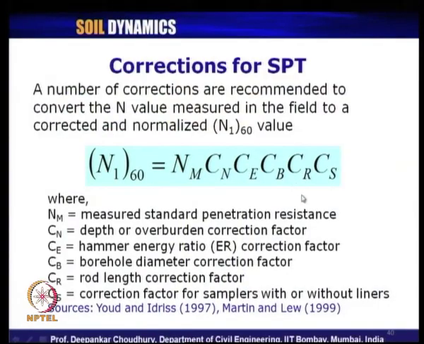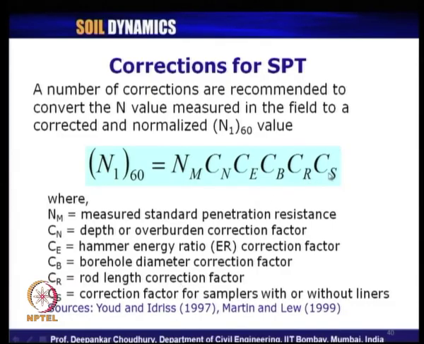If you have a long rod through which you are hammering the sampler, it will penetrate that last 30 centimeters much faster, so the number of blows counted will be less than what it should be. If you have a small rod, it will require more blows to penetrate the last 30 centimeters. So, the rod length correction factor is also important, with respect to a standard length of rod where no correction is required; otherwise the correction factor has to be used. That is why CR is also used.